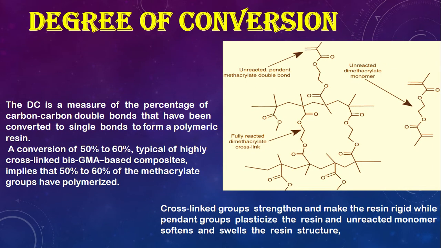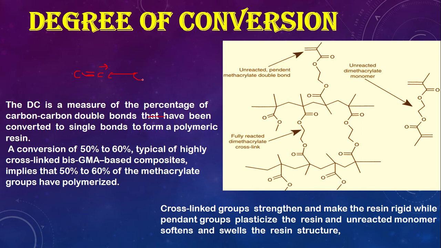So what is degree of conversion? Degree of conversion is the percentage of carbon-carbon double bonds that have been converted into single bonds, right? The double bond that has been converted into a single bond. So this is basically the degree of conversion that we are talking about.